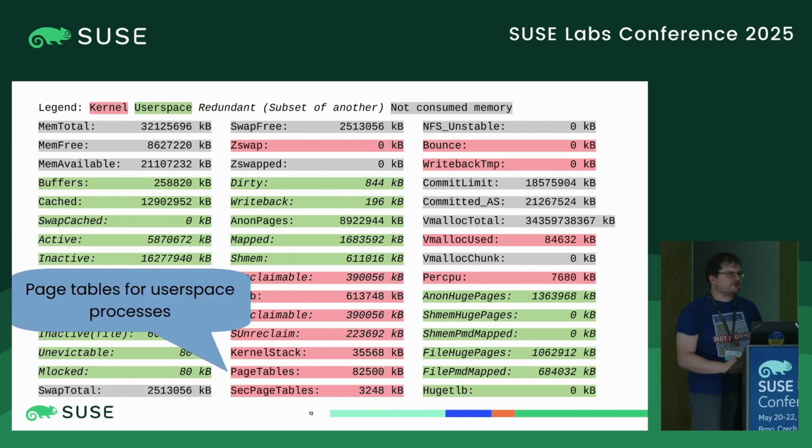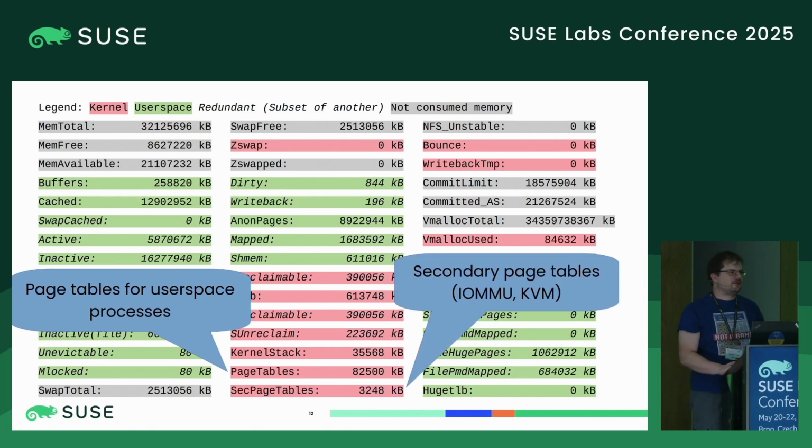Also, many user space processes need page tables to function, so we know how much memory is occupied by those. And if we have some secondary page tables for things like KVM guest or IOMMU, they also have their own counter.